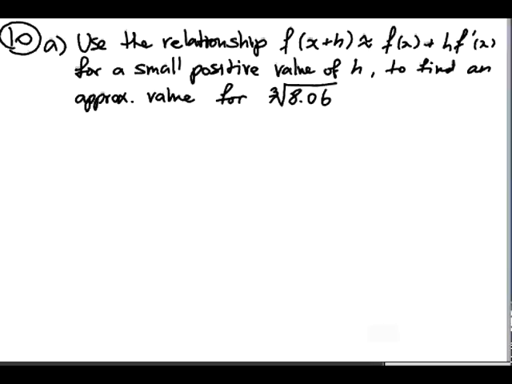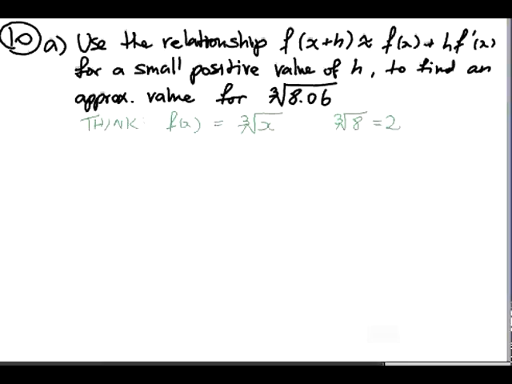So the first thing to think is the function you're interested in is the cube root of x. A further clue is that the cube root of 8 is equal to 2, and the cube root of 8.06 is going to be pretty close to that, right? So all signs seem to point towards this fact.